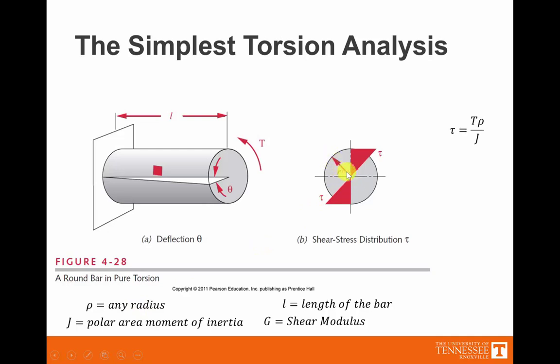And so we can derive that this value of shear stress is equal to the torque we applied times the distance away the element is from the center divided by J. So the maximum obviously is going to occur where rho is maximum, which is the outside edge.